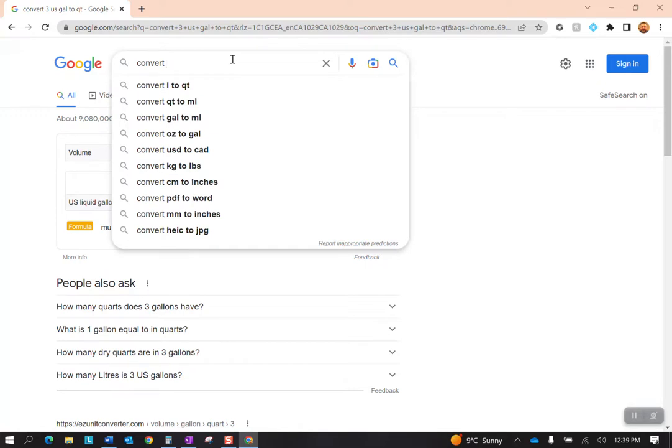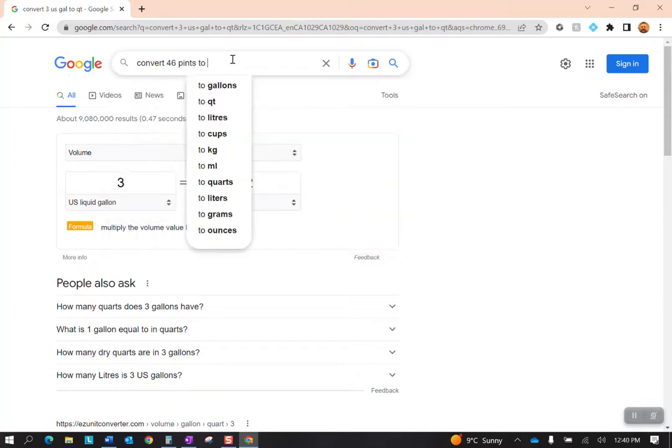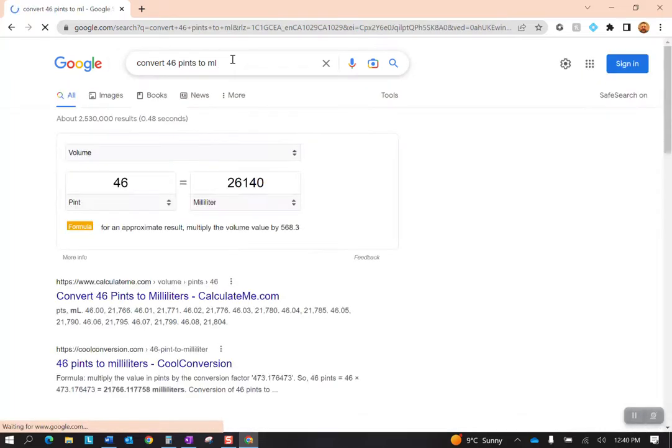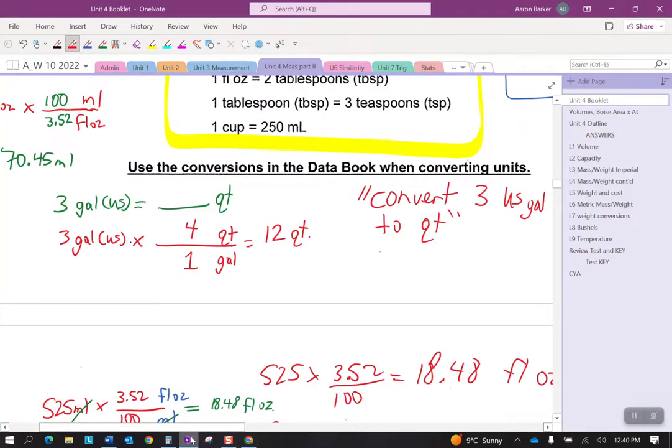What word do we start with? Convert. Convert 46 pints to milliliters. There we go. 26,140 milliliters. Okay. You got to start with what word? Convert. What's the most important word? Convert. Okay. You got to start with the word convert. Any questions?